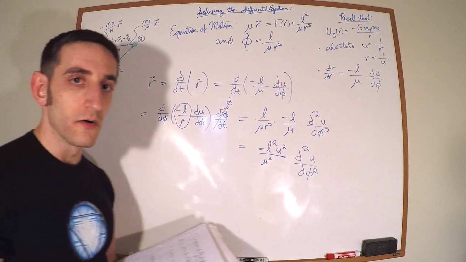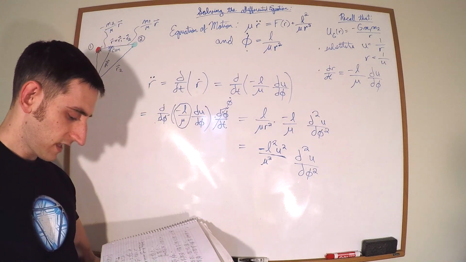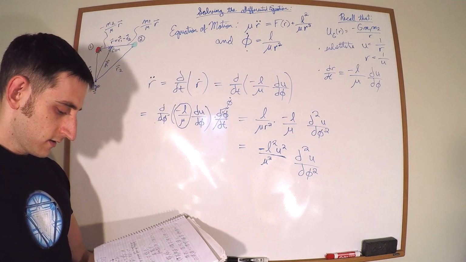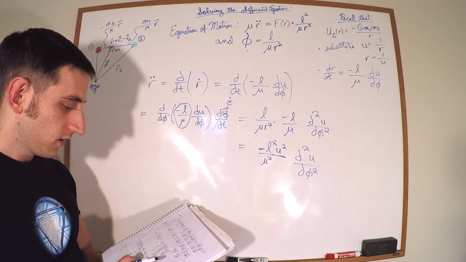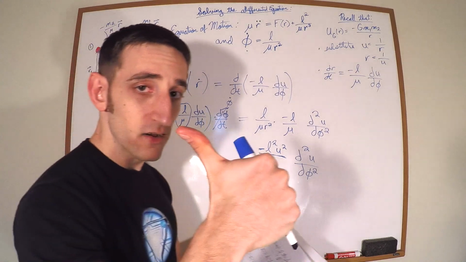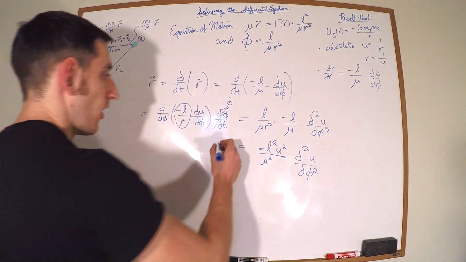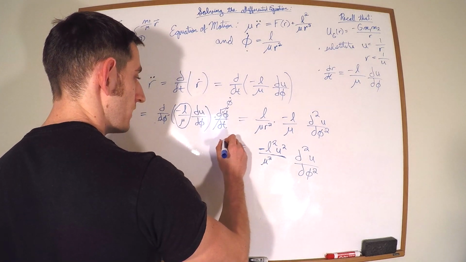All right, so that's what we end up with. And let me check to see if our math is right. Yes, we did it correctly. Good job, guys. So our double dot is going to equal this.